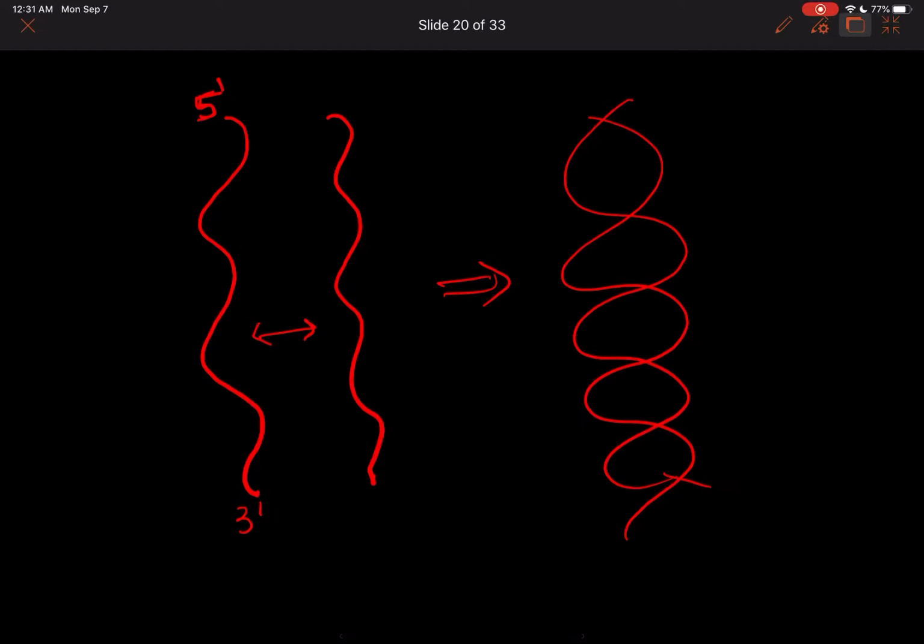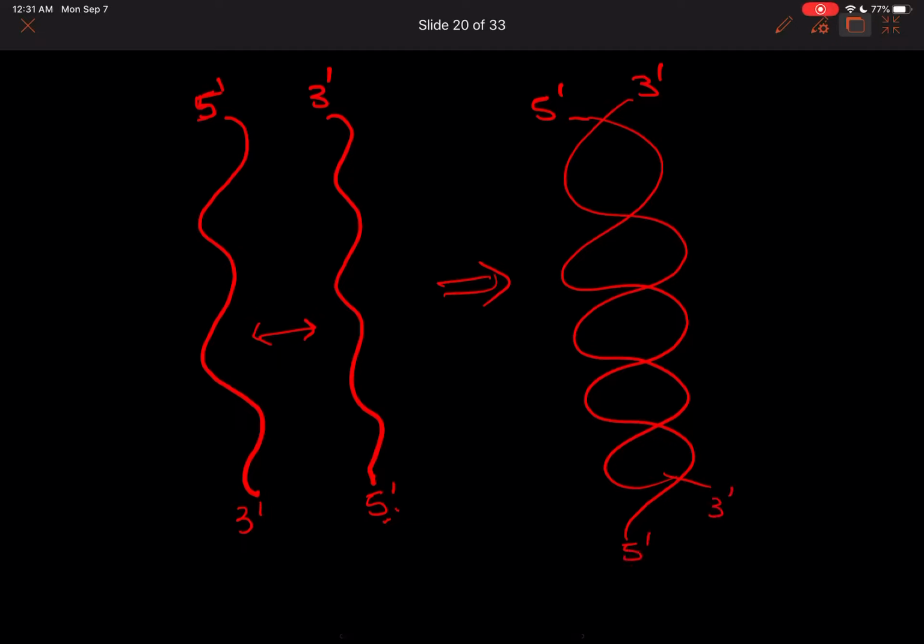So when these two come together to form your double helix, 5' end and 5' end cannot be next to each other. So the opposite side, the head group, must be at the end here, and the tail group is at the front end of the molecule. So 5' end is right here, of one strand, 3' end, and then 5' end, 3' end.